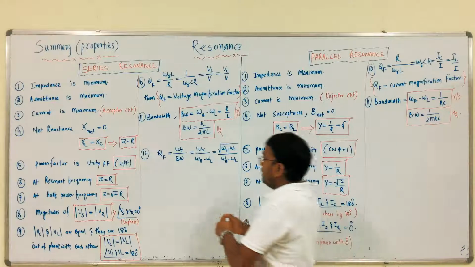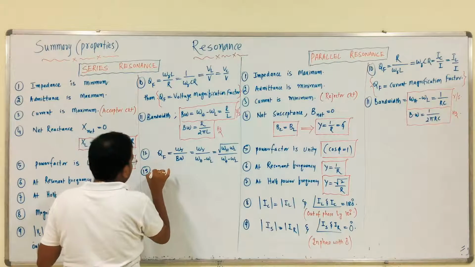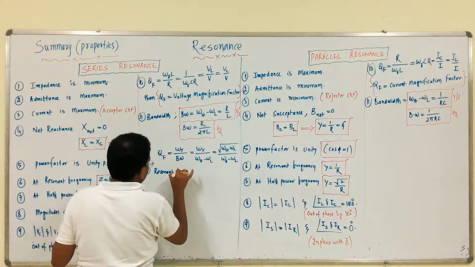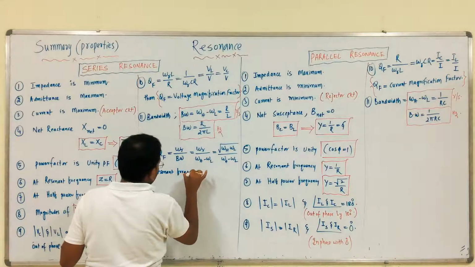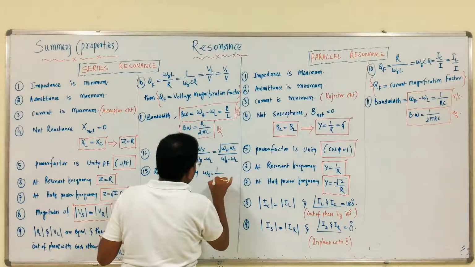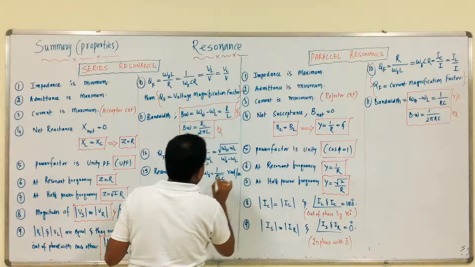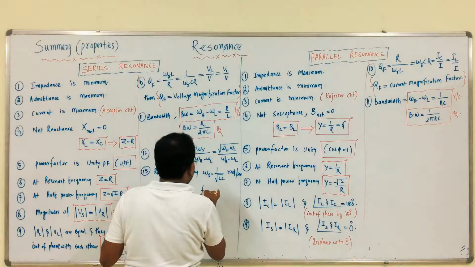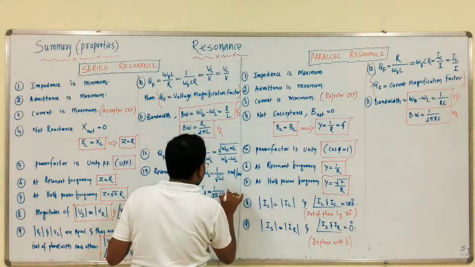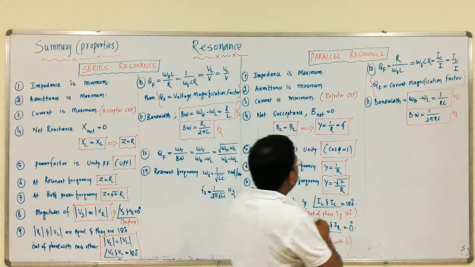Now we can write resonant frequency, 13. Omega R is equal to 1 by square root of LC, radians per second, or F R is equal to 1 by 2 pi root LC hertz.